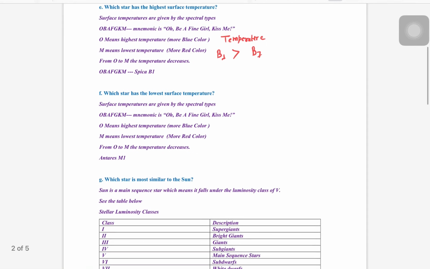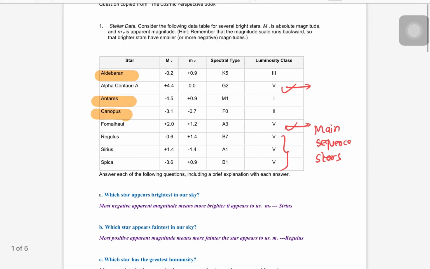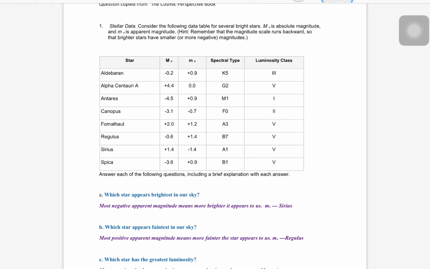Okay, so let's come back here to the table. First, we have to find out which are the main sequence stars. Everyone ready to find out the main sequence stars? The main sequence stars have the class type V. So these are the main sequence stars here.